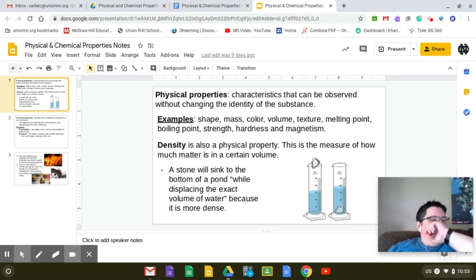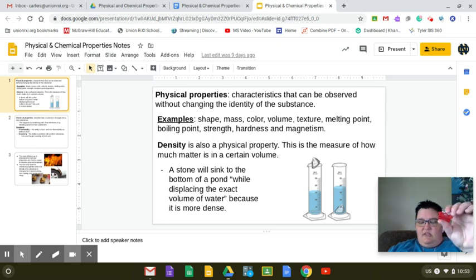Some examples would be shape. I can use visual observation to determine the shape of this, you've got the eyes, you've got the little hands on the side here. I don't have to change it in order to determine that, so that is a physical property.